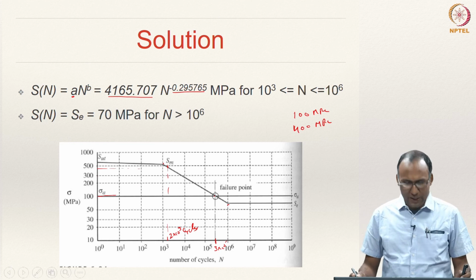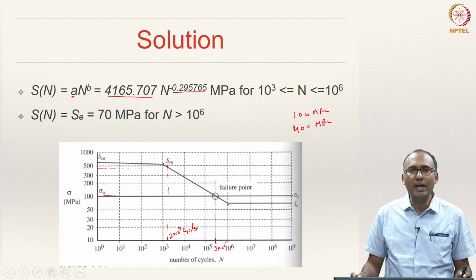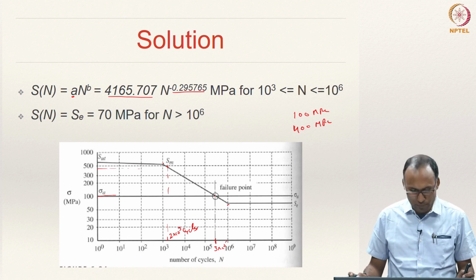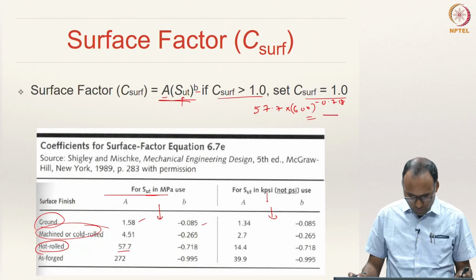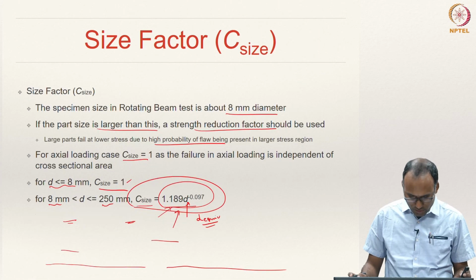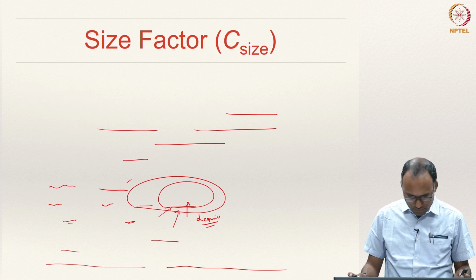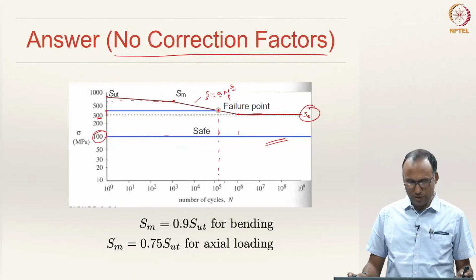Please note a major difference. Previously the same problem was done without applying correction factors. At that time, I will go back and show you, without applying any correction factors we solved this problem here.